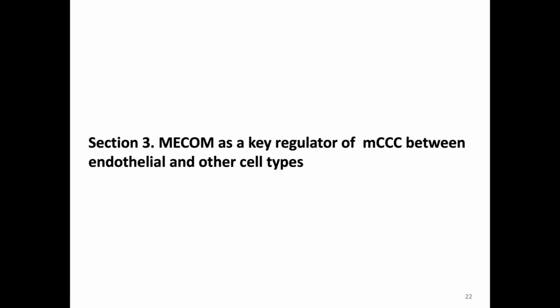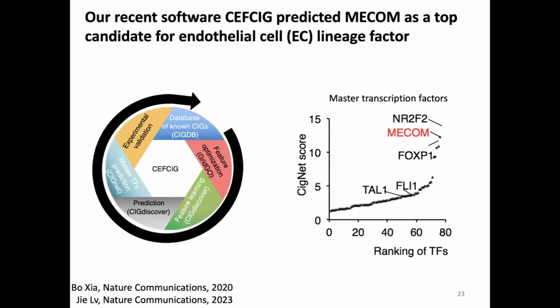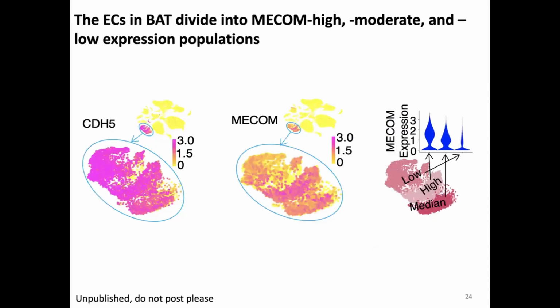Next, we would like to introduce another very interesting gene, MECON, that we found to play an important role in regulating the metabolite-mediated communications. We are interested in this gene MECON because our recent work revealed that MECON is a very important endothelial cell gene that regulates both endothelial phenotypes and differentiation.